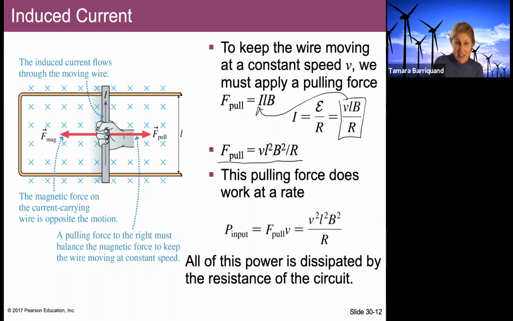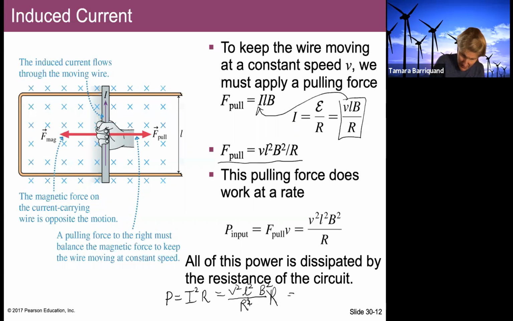And all of this power is dissipated by the resistance of the circuit. And we remember that that dissipation of power in a circuit is equal to I squared R. So if we take I right here, we can say that that is equal to I squared R. So I'm going to say v squared, L squared, B squared over R squared times R. And so those R's cancel.